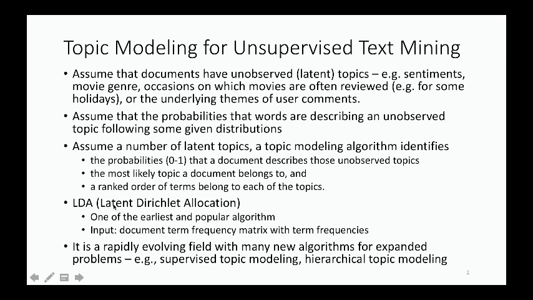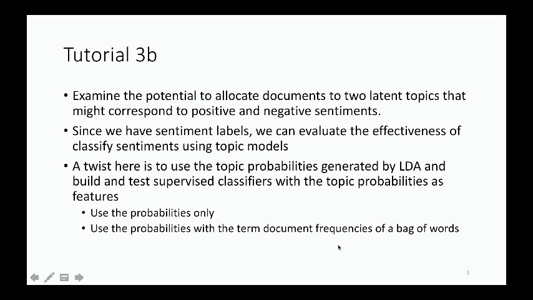This method, called latent Dirichlet allocation, is one of the most popular algorithms and is the most basic one. Building on this, there have been lots and lots of extensions, and more and more are available to different users, in R but more in C++ or other languages. So like I said, we were focused on applying.